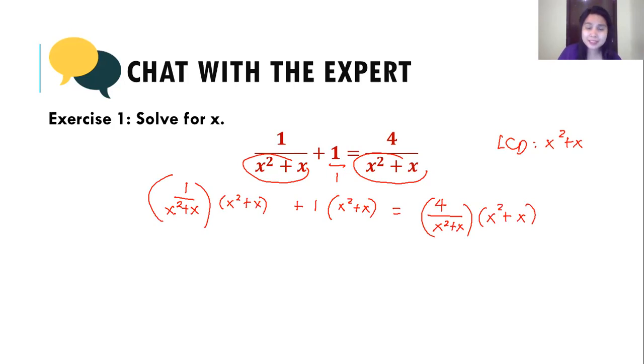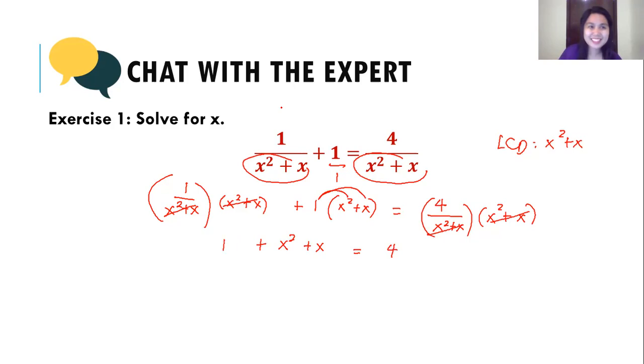Numerator and denominator are the same. We cancel it. Same with the last one. So let's now simplify. In the first part, we only have 1. The next, we have 1 times x squared. That's x squared. 1 times x, you have x, equals 4.